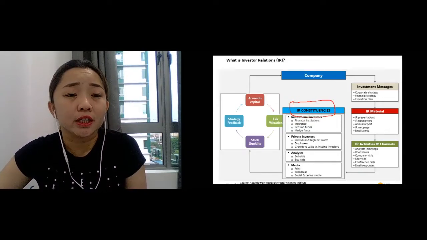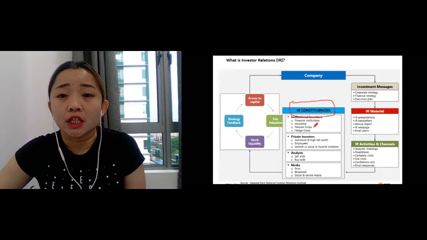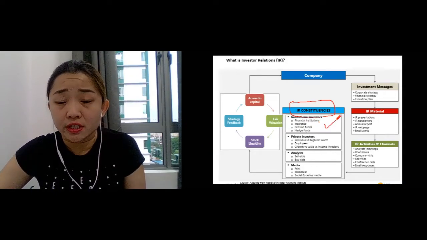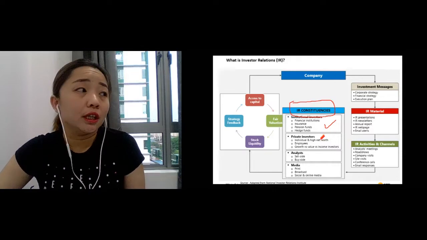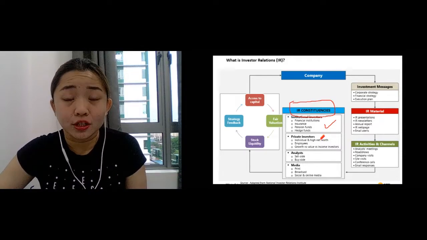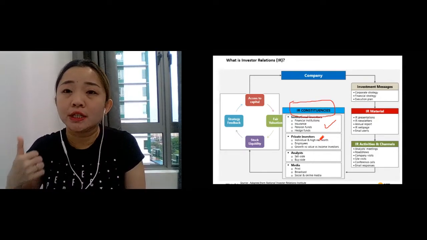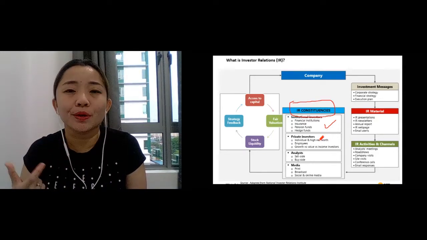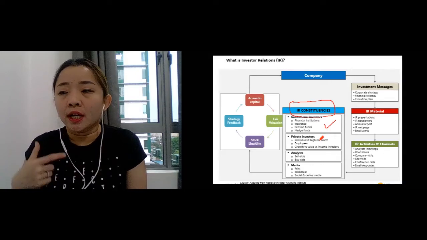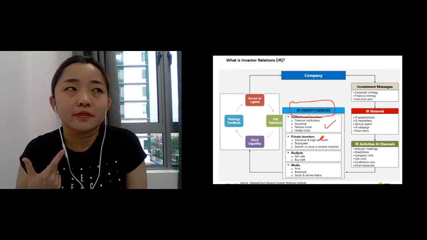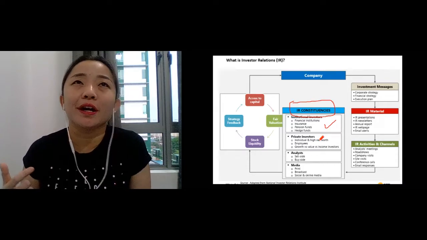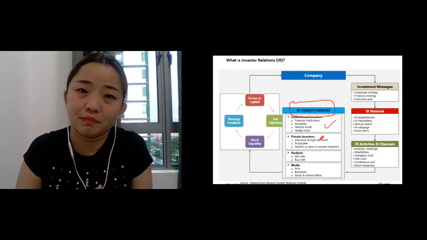Now, who exactly do you deal with? Firstly, institutional investors. That means, for example, huge companies like insurance companies or banks. They are institutional investors, big companies that take money from other people and invest on behalf of other people.